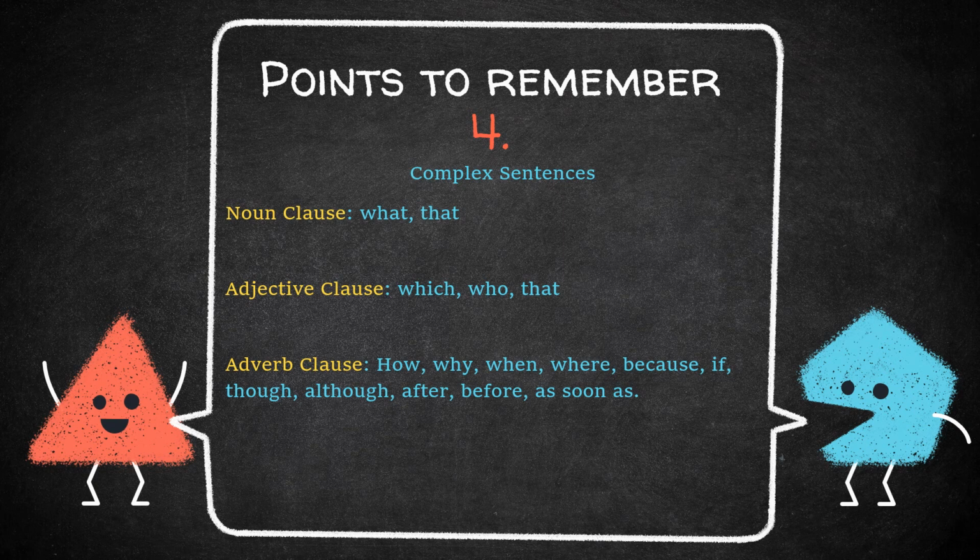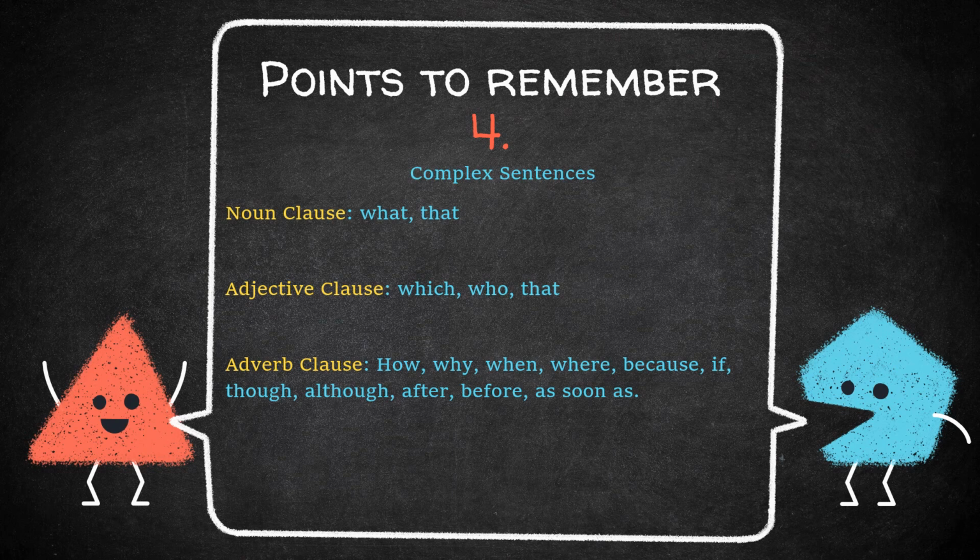The next set of rules are regarding complex sentences. Now, complex sentences are divided into three types, that is the noun clause, the adjective clause, and the adverb clause. The commonly used conjunctions that join the noun clauses with the main clause are what and that.